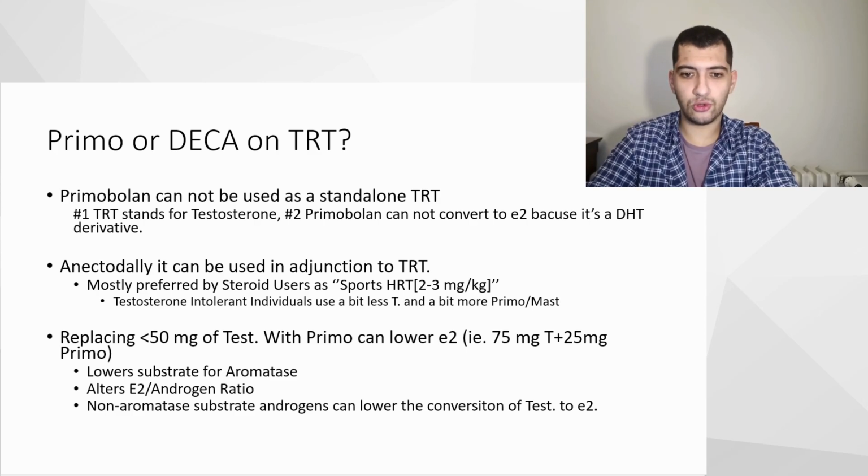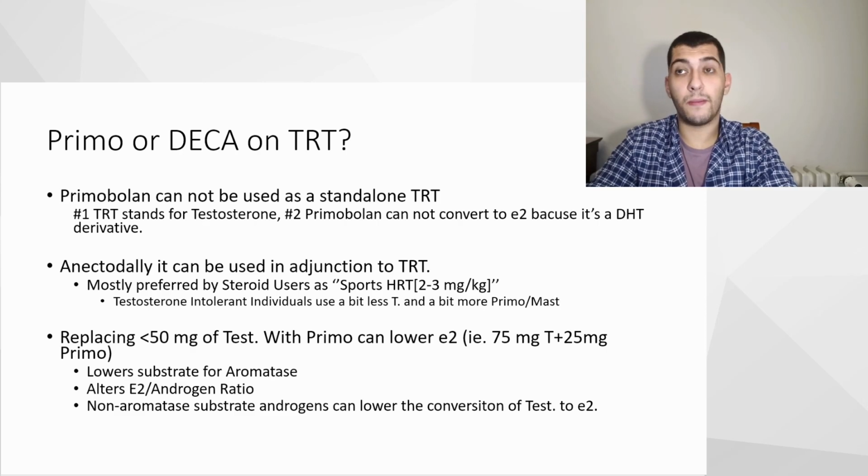And they tend to add other compounds like decadraboline, masteron, or primobolan on top of their testosterone to hit the goal of 2 to 3 milligram per kilogram. And some people just do straight testosterone injection to hit the 2 to 3 milligram per kilogram goal.